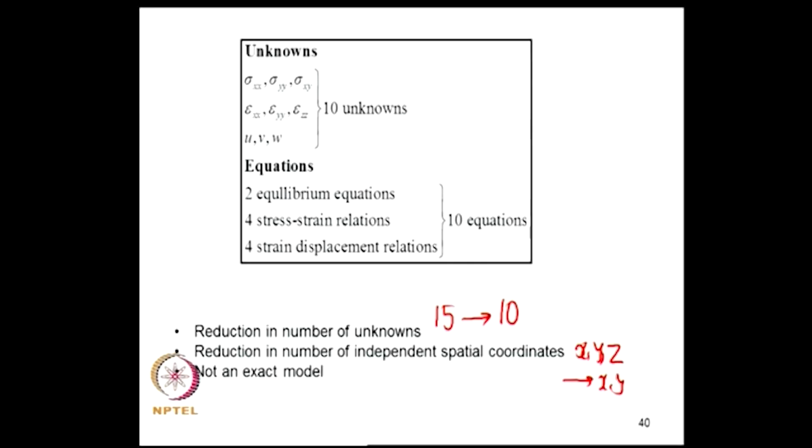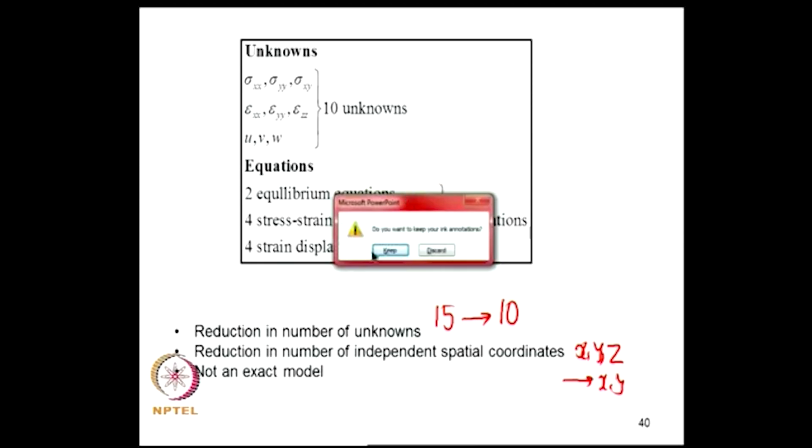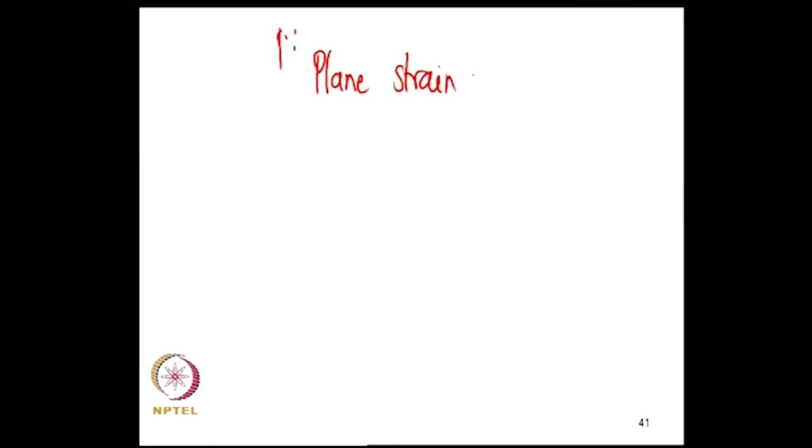Now, in the next lecture, we will consider another form of simplification, known as the plane strain model. Here the object is again prismatic.